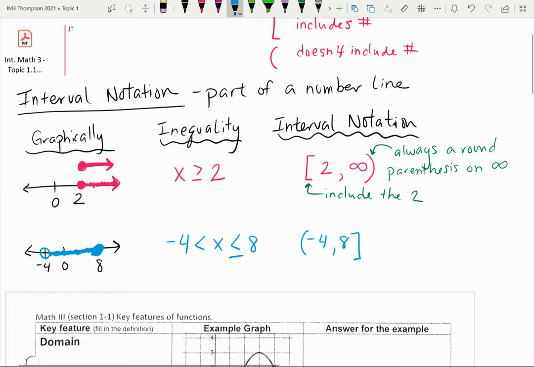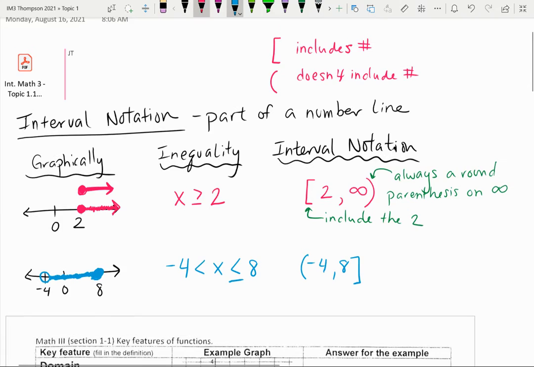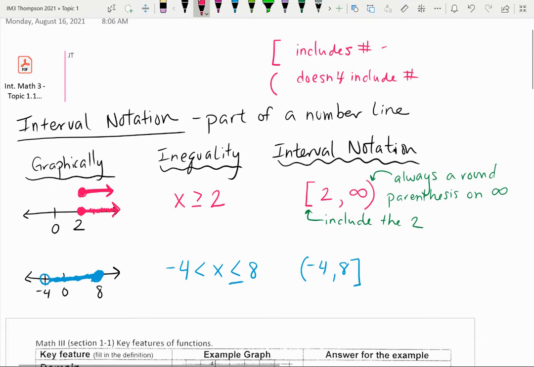So open circle is not included? Yes, open circle is not included. Perfect. Here, maybe this is a good note. Open circle. Closed circle. Nope, that's backwards.